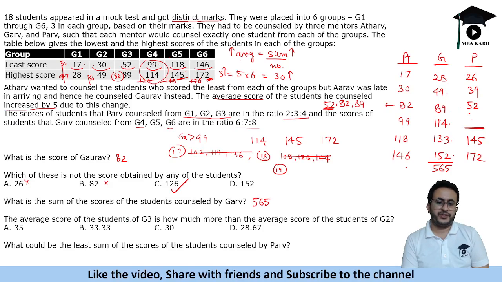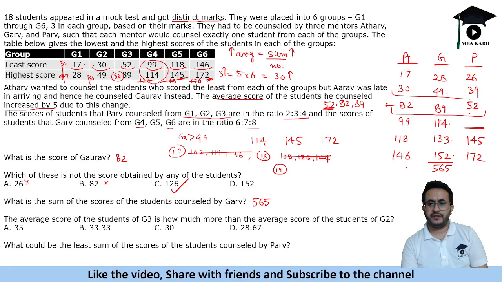The average score of the students of G3 is how much more than the average score of the students of G2? So we will have to find G3 ka average and G2 ka average.